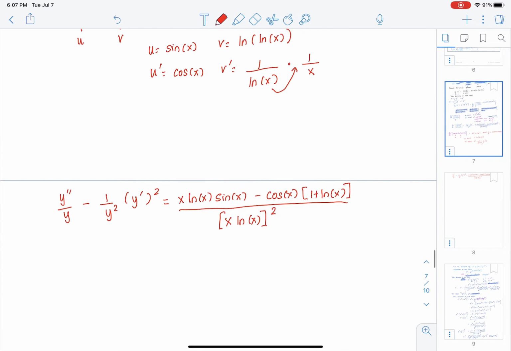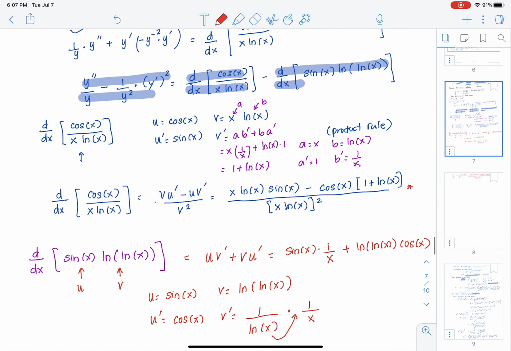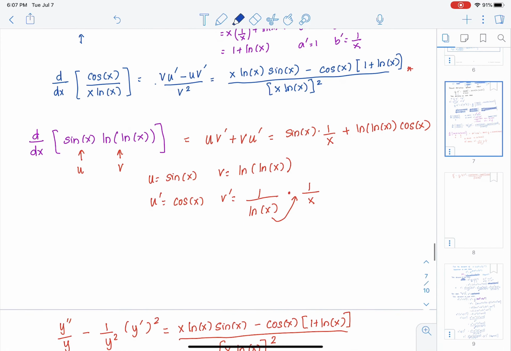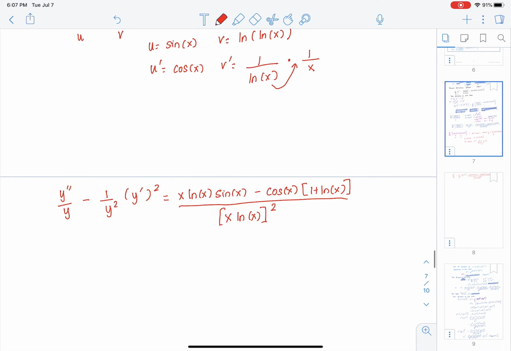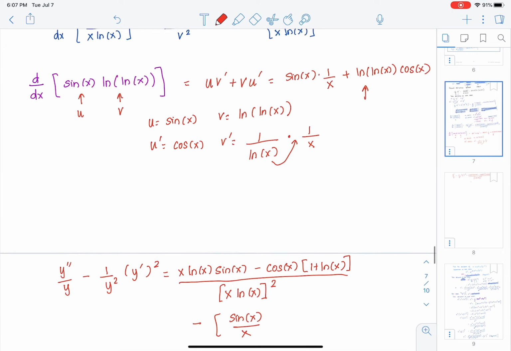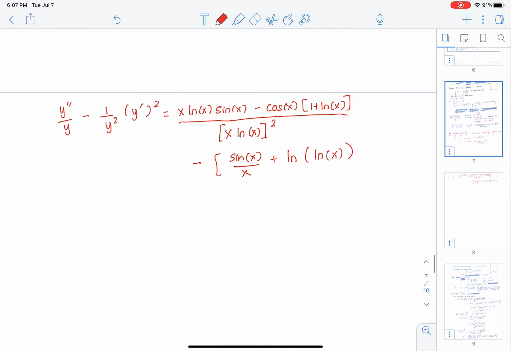So that is the first term, first derivative, and we have to replace the second part now, which is this, and we found the derivative of that here. So minus sine x over x plus ln of x multiplied by cosine x.